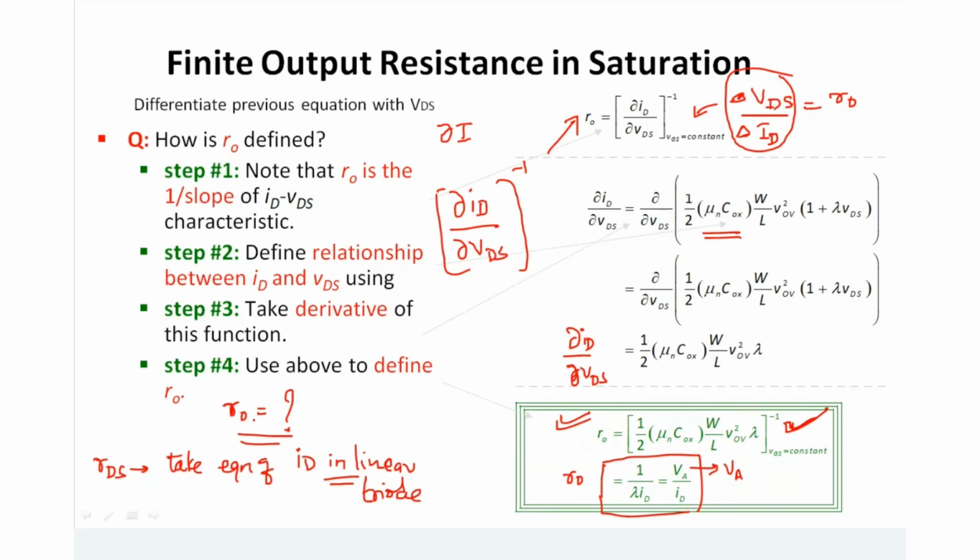If I increase VDS to a larger extent, I need to differentiate the drain current equation observed in the saturation region, including this term lambda. Whatever equation I get is going to fetch me a small R naught.